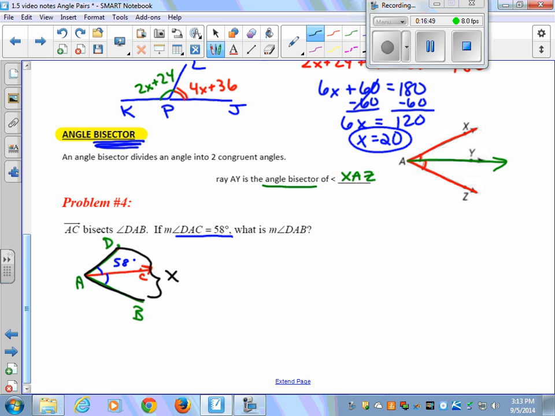Since we know that this is an angle bisector, if angle DAC is 58 degrees, then what must angle CAB also be? Must be 58 degrees since it's being cut in half. So therefore we can say 58 degrees plus another 58 degrees, by the angle addition postulate, equals the entire angle, which is x degrees, and that is 116 degrees.